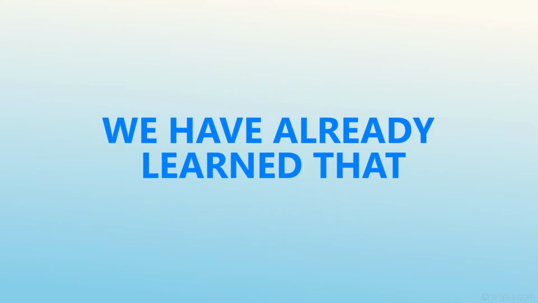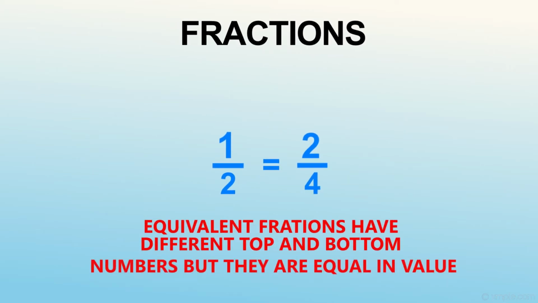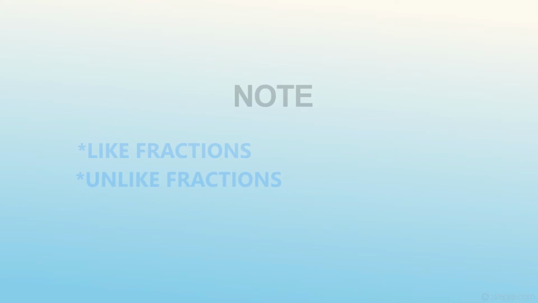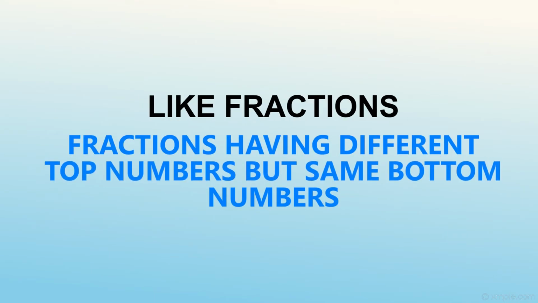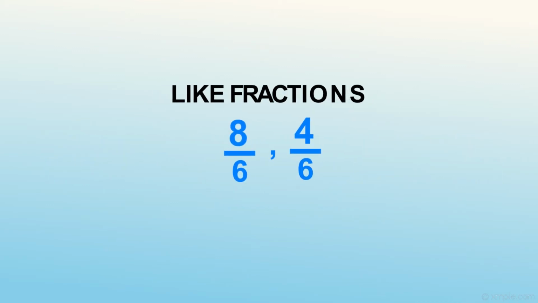We have already learned that the fractions which have different top and bottom numbers and are equal in values are known as equivalent fractions. Here I would like to start this video with two important terms of fractions known as like fractions and unlike fractions. The fractions which have different top numbers but same bottom numbers, like 8/6, 4/6, are called like fractions.